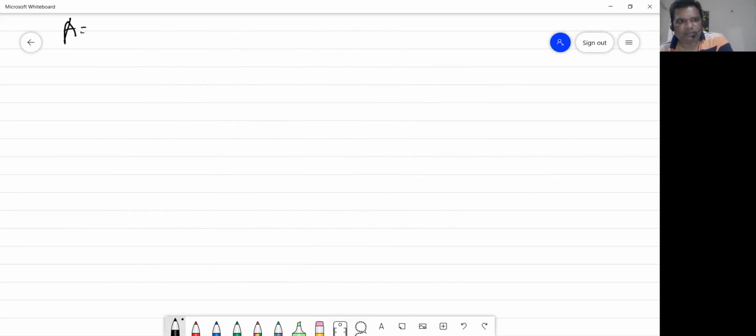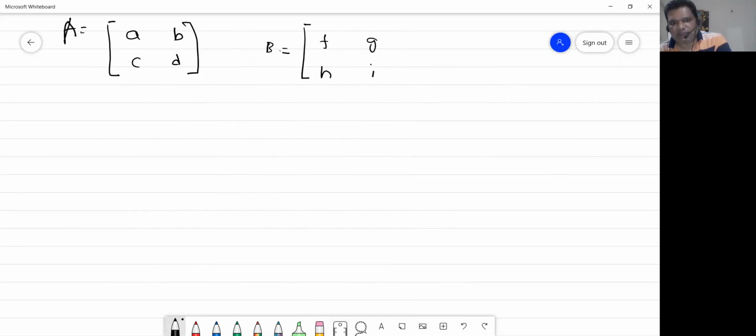A is equal to A, B, C, D, and B is equal to F, G, H, I. Now, what is the size? 2 into 2. What is the size? 2 into 2. What is A minus B?